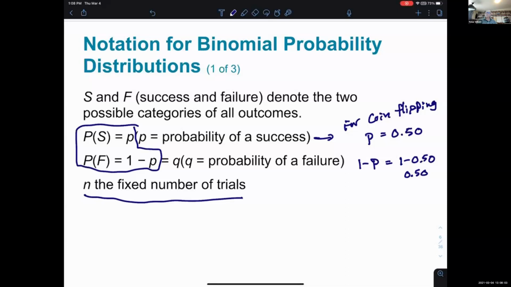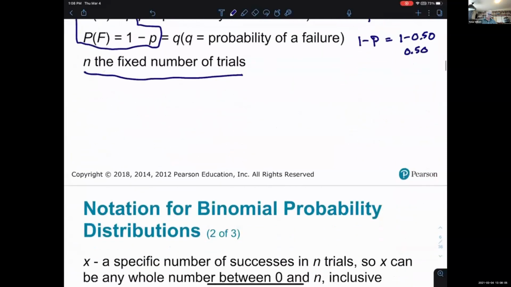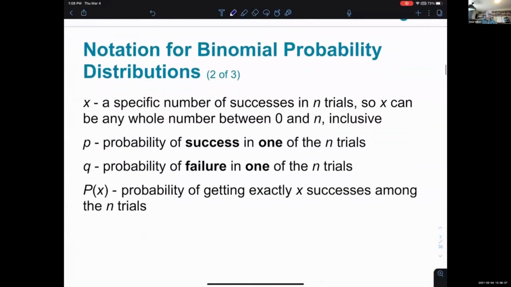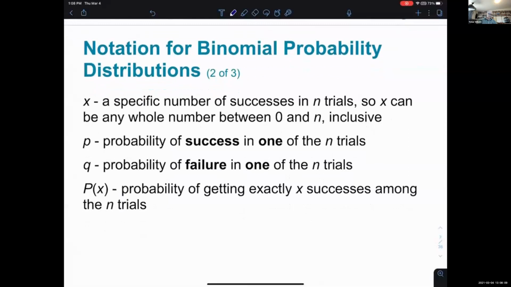Slide 1 of 3. So the notation following up: X is a specific number of successes in N trials. X can be any whole number between 0 and N inclusive. If I flip a coin 10 times and look at how many times I got heads, the least I could get is 0, and the most is 10, and I might get any number in between.